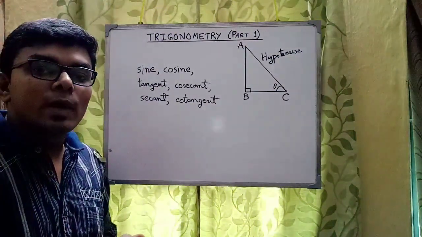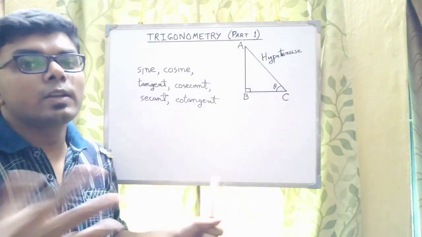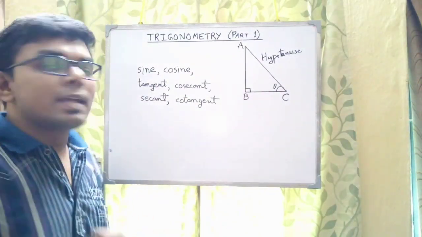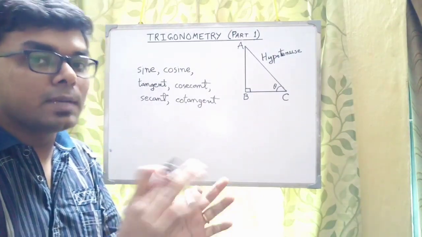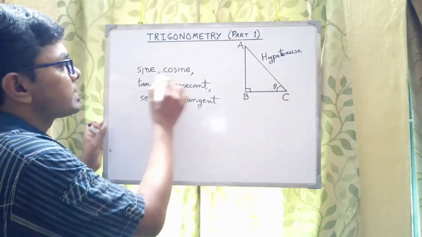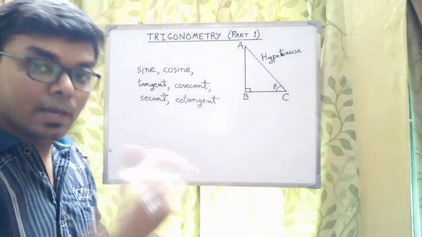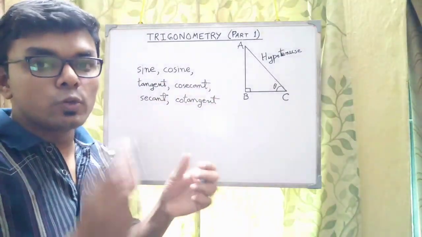Now still some of you might be wondering, what are these? Okay, I have just said that these are ratios. Now what kind of ratios? Now when I say a ratio, it means a ratio only. That is, something is to something or something by something. Now let me tell you another thing. These names, when we do the sums of trigonometry, we don't write in full. We use short forms.